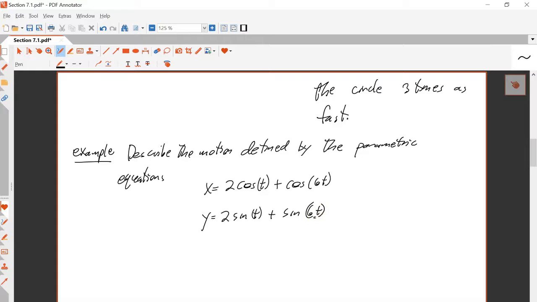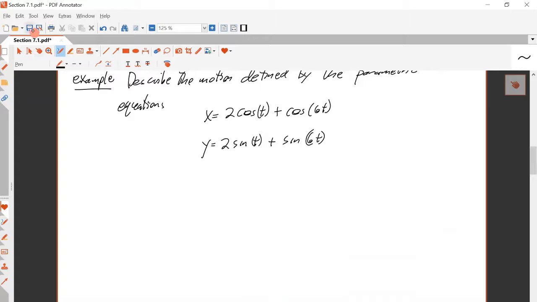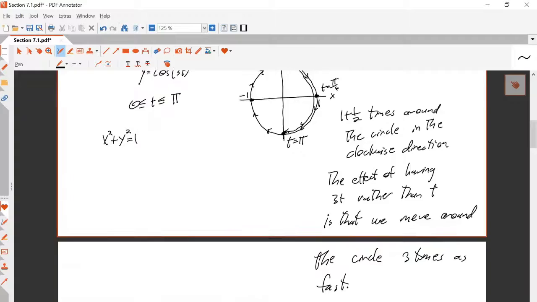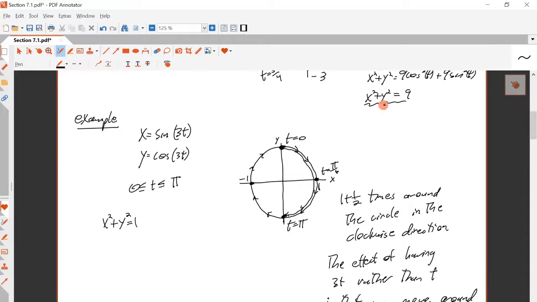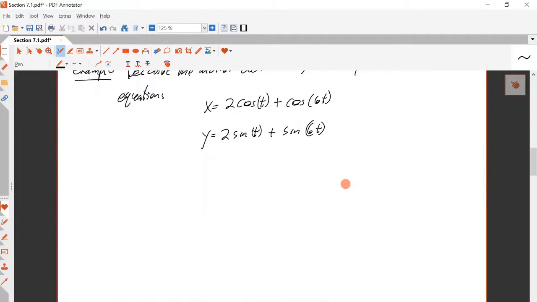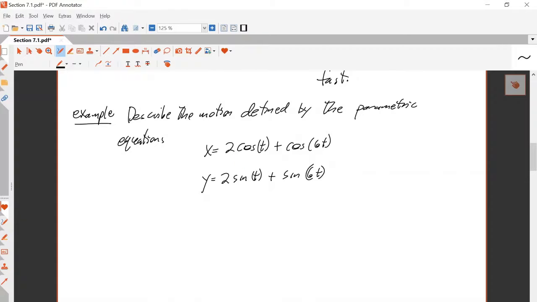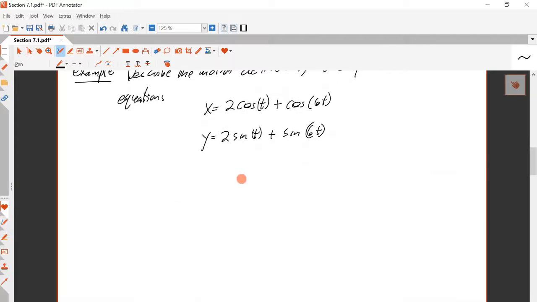So what's going on here? Well, I can't square things and then expect to get rid of t. That's not going to work here. I can't do that same trick, x squared plus y squared equal to 1, or x squared plus y squared equal to 9. That doesn't quite work this time around. But we do know what these cosine t, sine t combinations do for x and y.